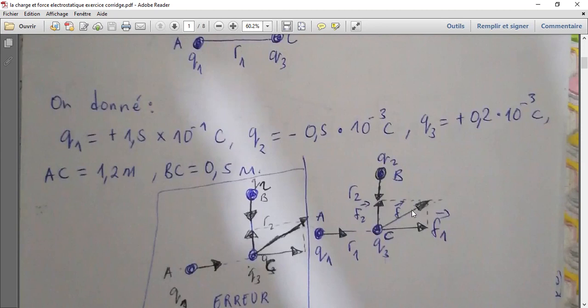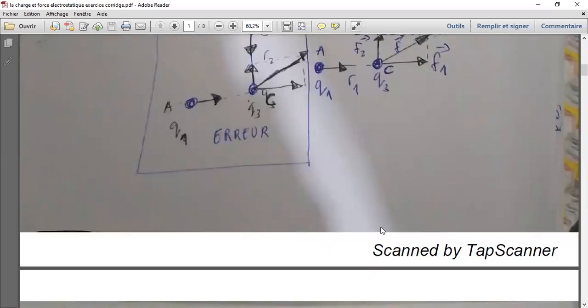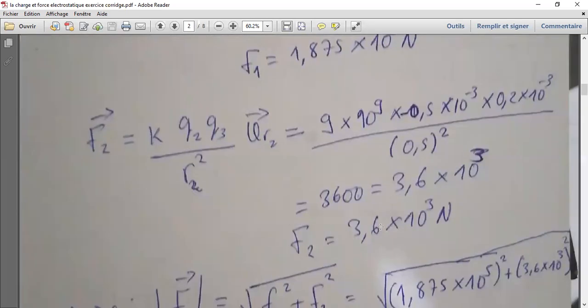For you to calculate this total force, you have to calculate the module of this force, because it's creating something like a right triangle. The module is just the same as the Pythagoras theorem.